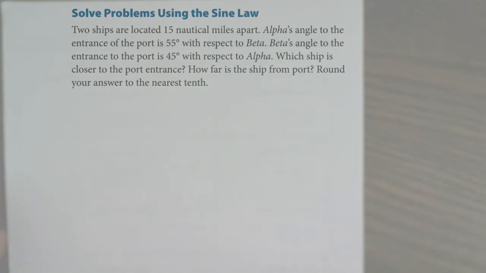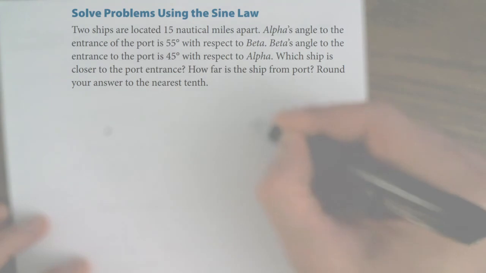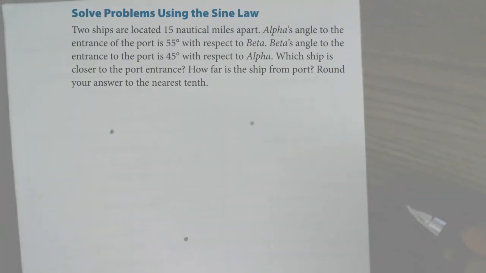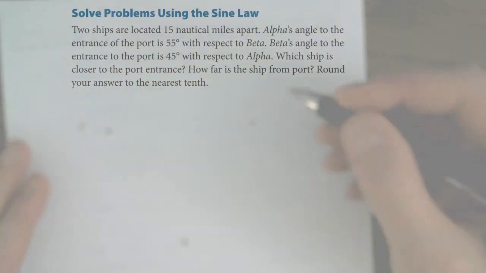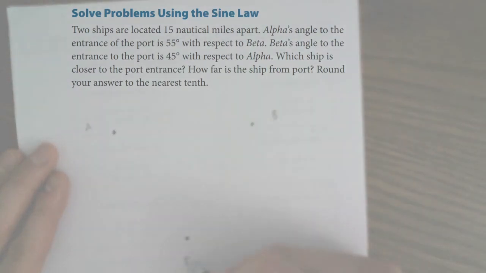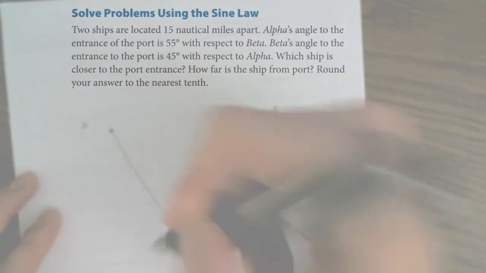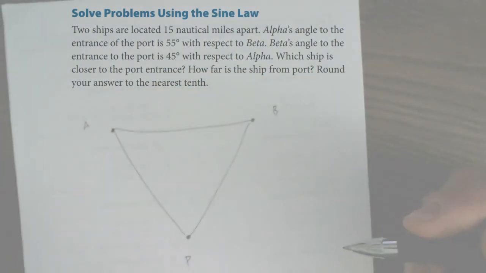So we've got two ships and we have a port. We'll just call this A for alpha, B for beta, P for port. And this forms a triangle, which we can take angles of.